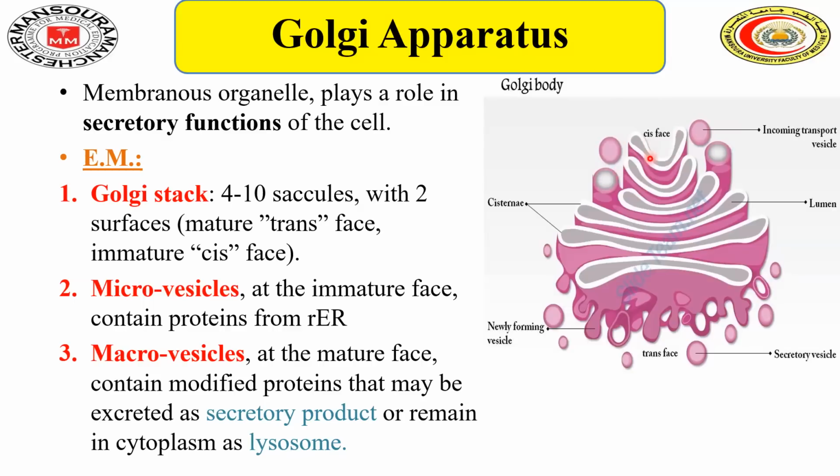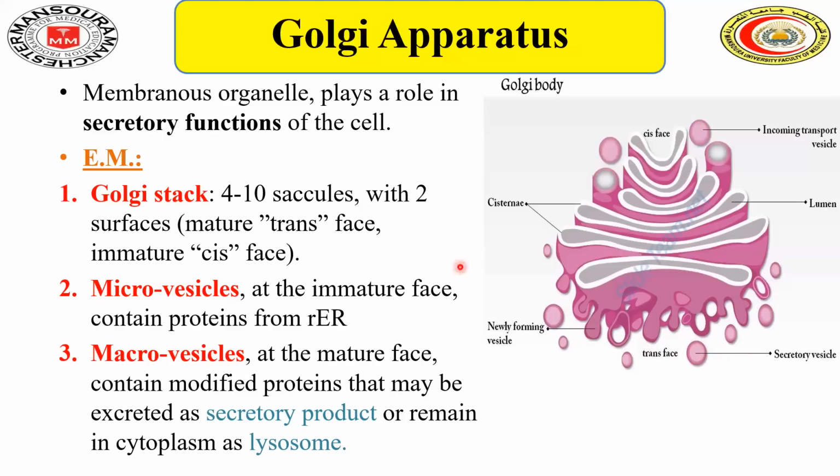And this microvesicle contains raw protein synthesized by the ribosomes attached to rough endoplasmic reticulum. So microvesicles are small vesicles at the immature phase, and they contain proteins from rough endoplasmic reticulum.